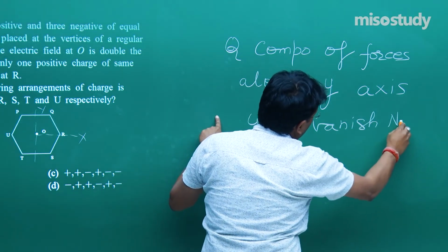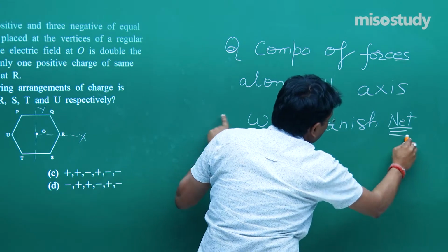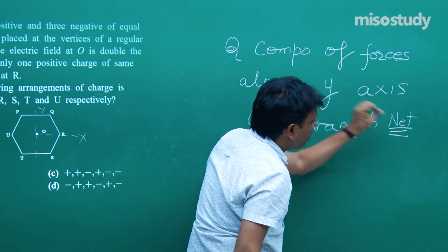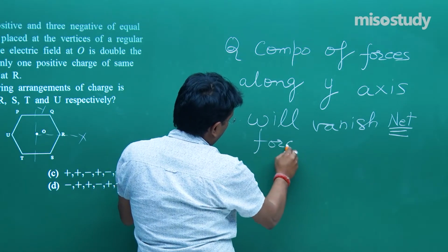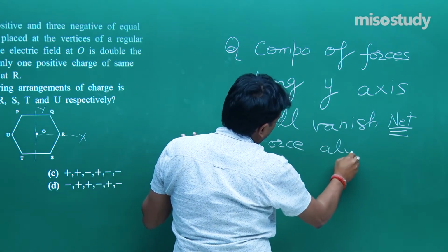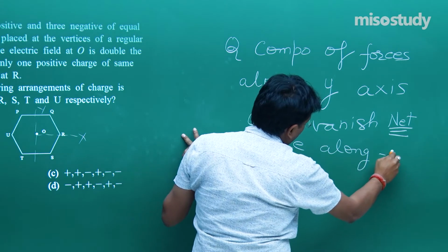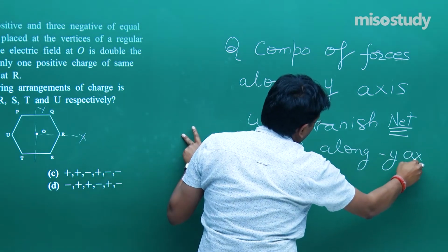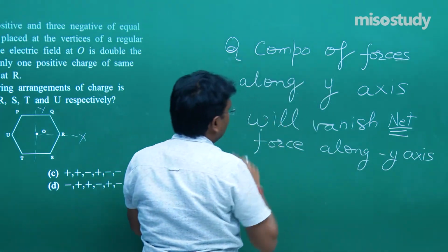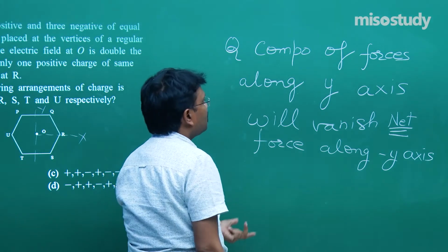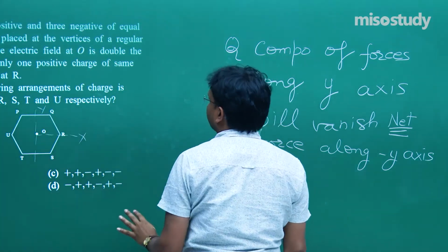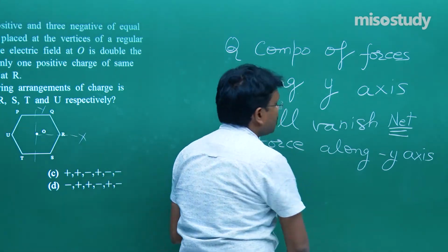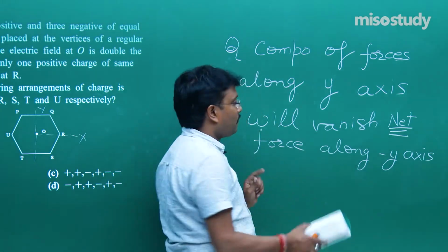Net force, fine, net capital N I am using means total force, net force, along negative y axis, fine. So I think this way, if you start thinking in such type of problems, you may definitely score the correct option, fine.